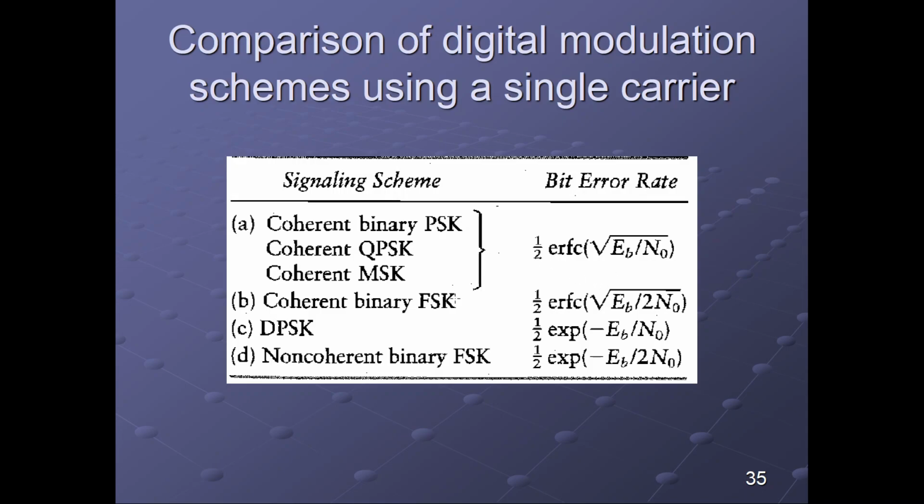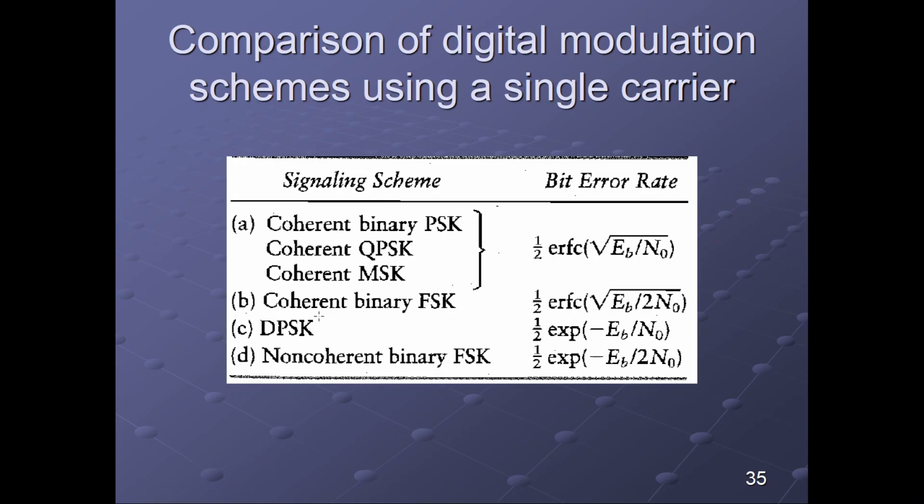Now, non-coherent... coherent binary phase shift keying has this formula, which is 3 dB less than this. Differential phase shift keying has this formula, half exponential minus EB over N naught, and non-coherent binary phase shift keying has this formula. So as you can see, these are the best three.